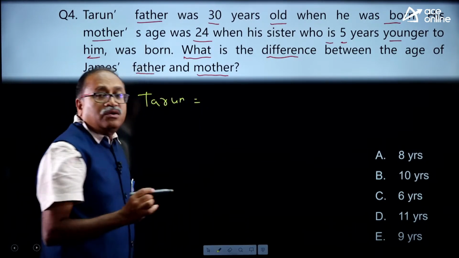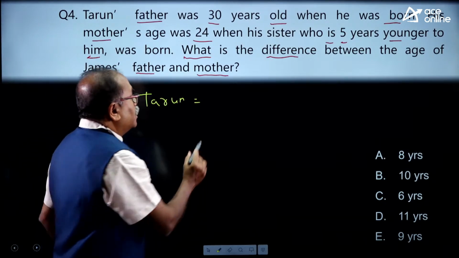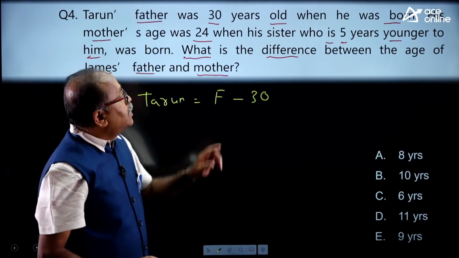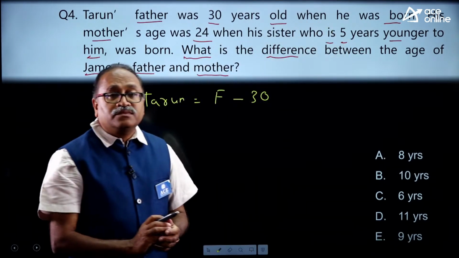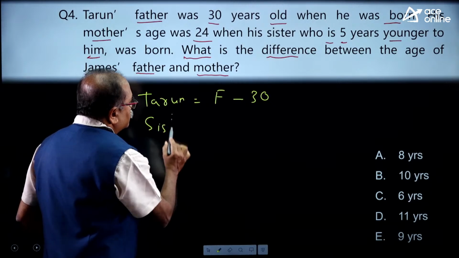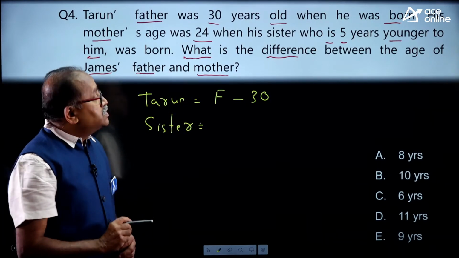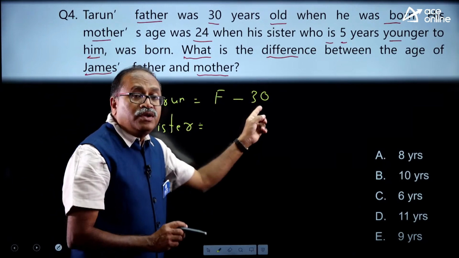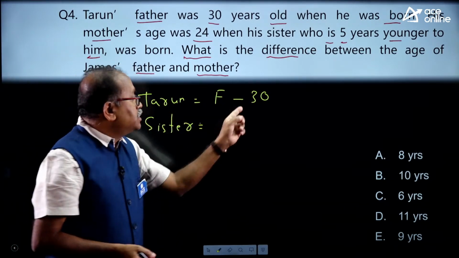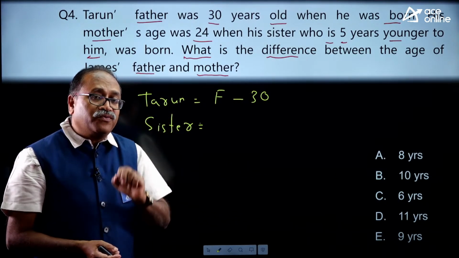Tarun's age is equal to, I will convert both in terms of father. Whatever the father's age is, minus 30. I am using this information. The next one, what is the sister's age? The sister's age, when Tarun is father minus 30 and the sister is 5 years younger to Tarun. So write the sister's age also in the form of father.